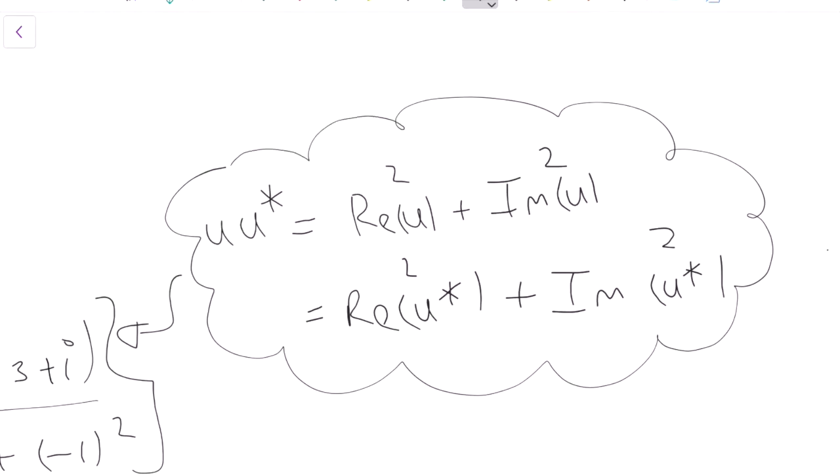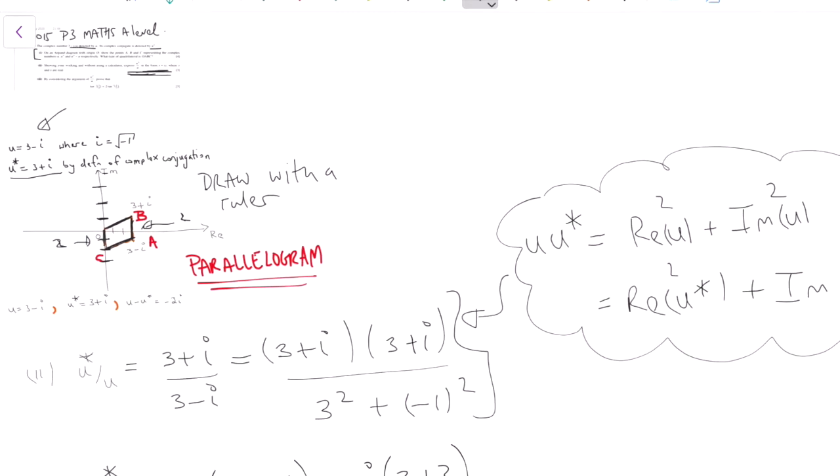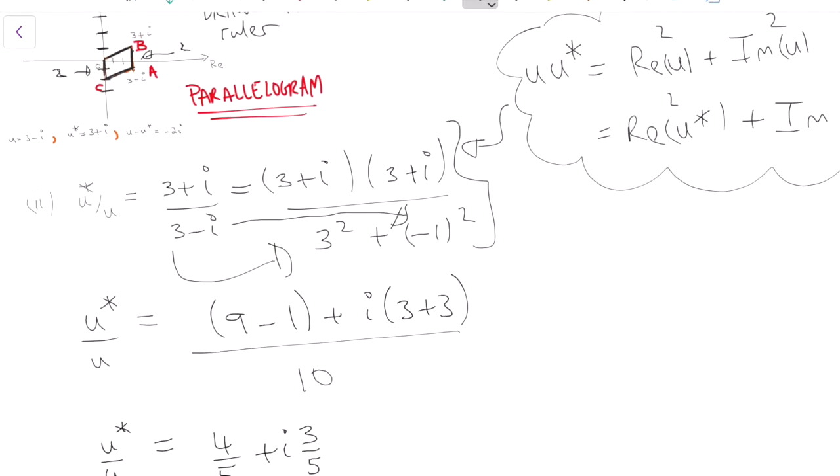That's how you get the denominator. Again, this is 3 squared plus 1 squared. Simplifying further, multiplying out the brackets, and being careful with i times i, which is minus 1, you get 9 minus 1 plus i, and then 3 plus 3, so here. This is your final answer, and so x equals 4 by 5, and y equals 3 by 5.